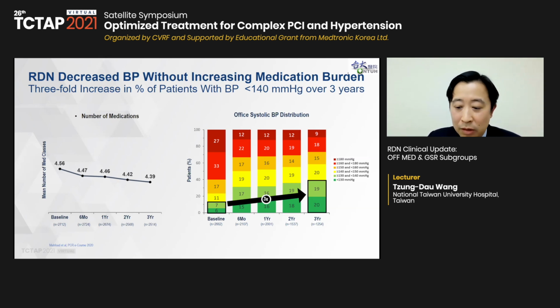So, in summary, renal denervation does achieve significant blood pressure reduction, maybe around 20 to 30 millimeters of mercury in systolic, but the reduction in the number of medications may not be that prominent because the baseline blood pressure is quite high.